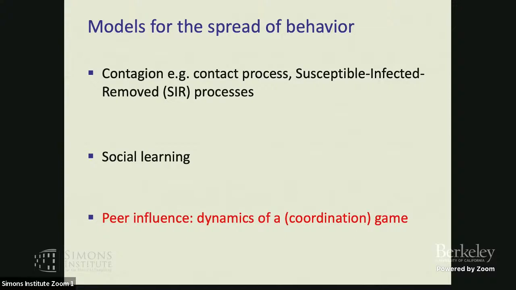Or you can think of the dynamics as peer pressure or peer influence. For a lot of actions, and Matt talked about this, like adoption of a new technology, whether you're on Facebook or on Instagram, you're using a PC or an Apple computer, or even the way you dress, the political party that you're part of, the religious institution that you're part of, whether you go to a mosque or a synagogue or a church, is influenced by people close to you, in the sense that you have a very strong incentive to conform, to take the same action as people in your social network. So you can model this as the dynamics of a coordination game.